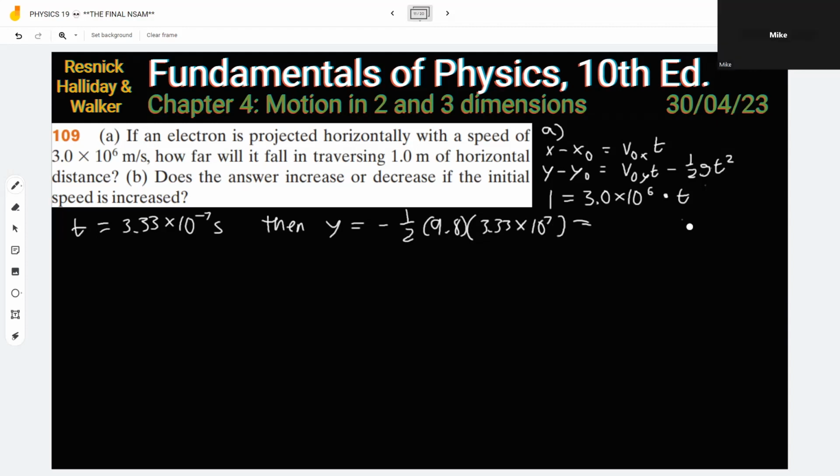Yeah, t squared yan, di ba? So dapat may square. So 0.5 times 9.8 times 3.3 raised to the -7. Wait, something must be wrong. Okay, so I forgot the -7.